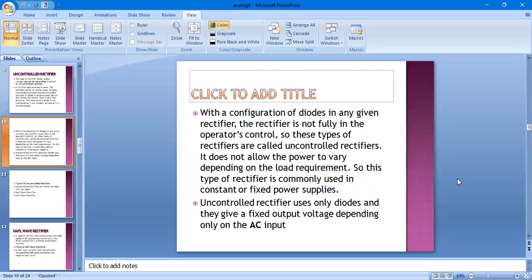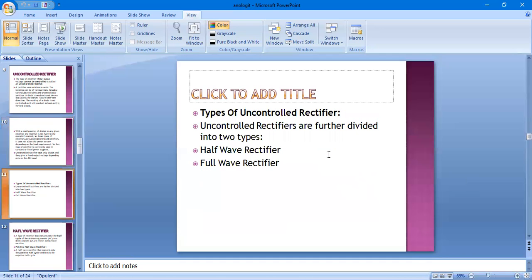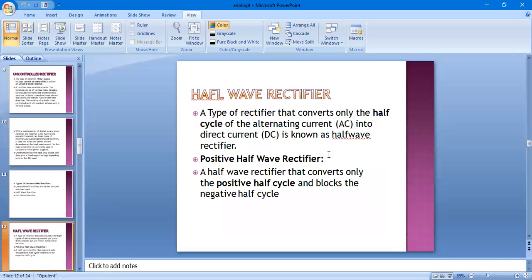So this type of rectifier is commonly used in constant or fixed power supplies. Uncontrolled rectifiers use only diodes and they give a fixed output voltage depending only on the AC input. Types of uncontrolled rectifier: half-wave rectifier and full-wave rectifier.